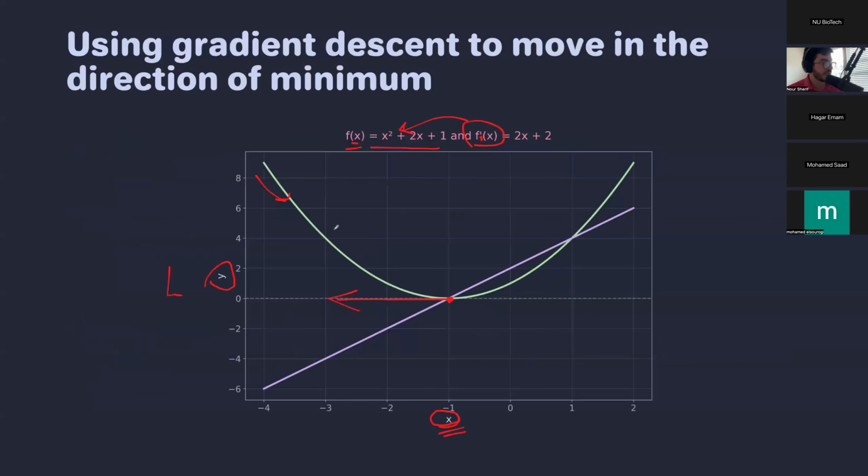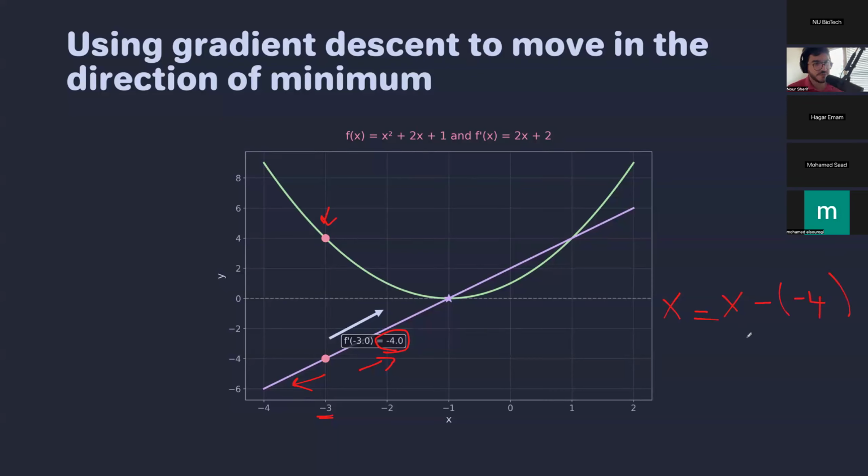So because the derivative here is -4, the new value of x becomes your x old minus -4, in that case, -4 is your gradient or your derivative. So the x new, the new weight value, becomes your old x value plus 4, right?